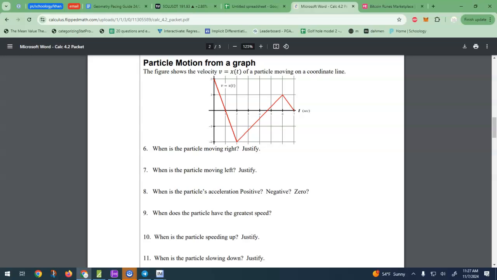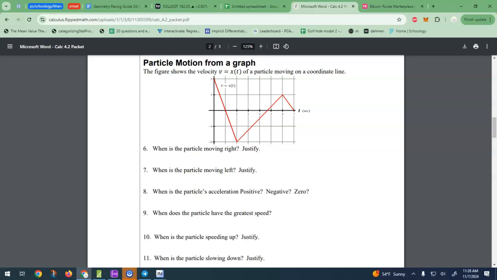Okay, now we get to acceleration. They're asking where is the acceleration positive or negative. So think about how you get from velocity to acceleration. So this is the velocity. I want to get to acceleration, so I have to take the derivative of this graph, which just means I want to look at the slope of this graph.